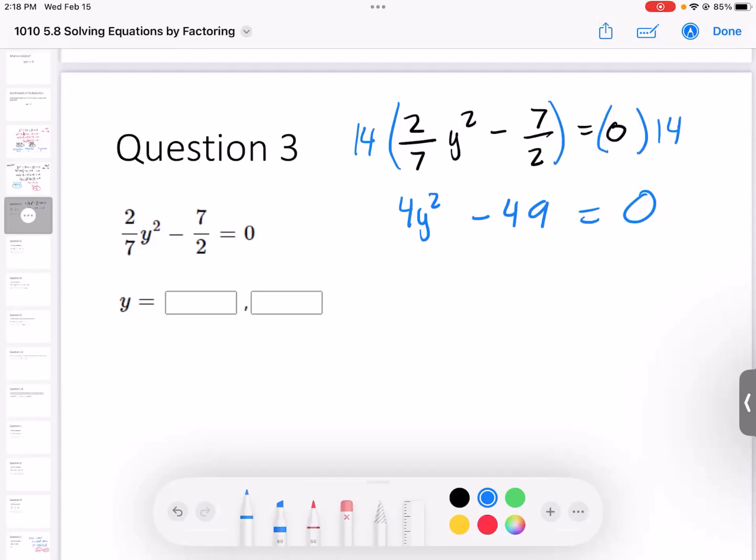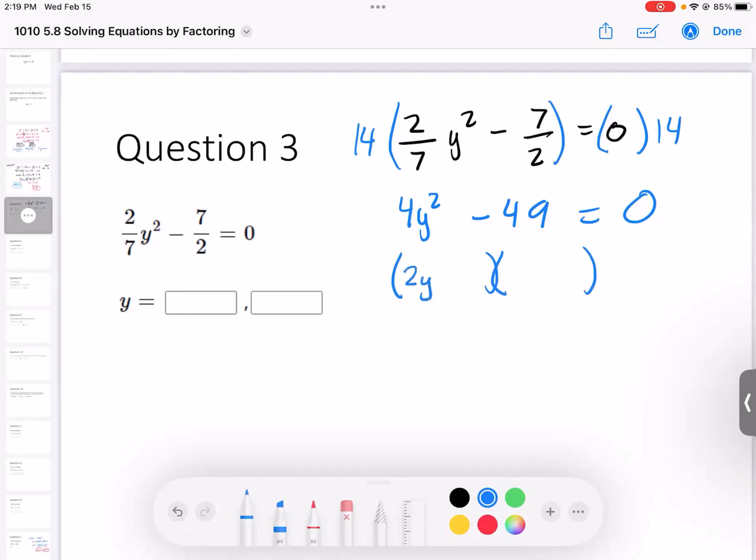So how could I factor that expression? Yep, it's a difference of squares. And so 4y squared is the same thing as (2y) squared.